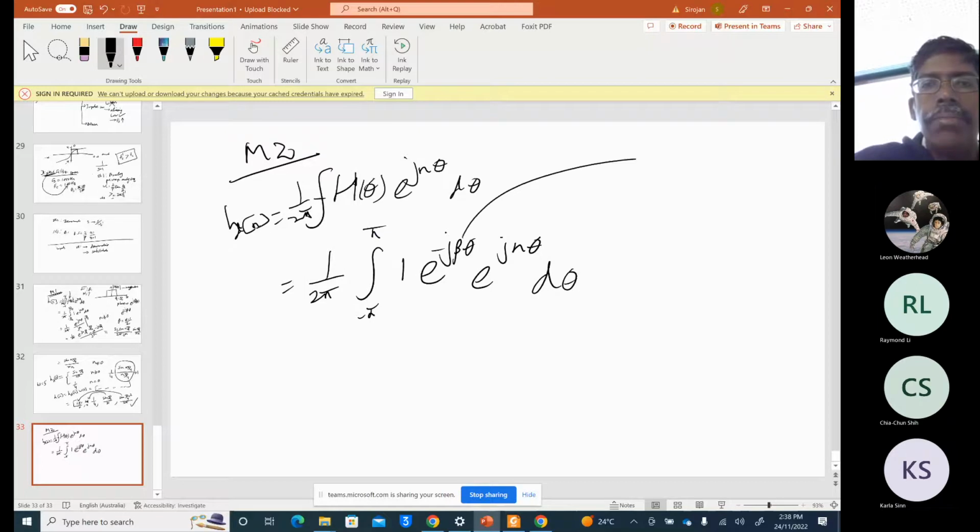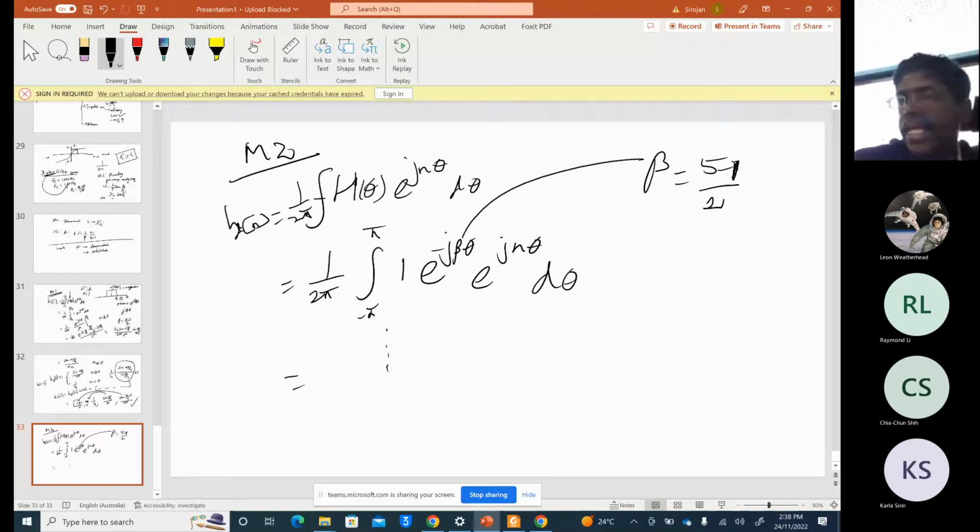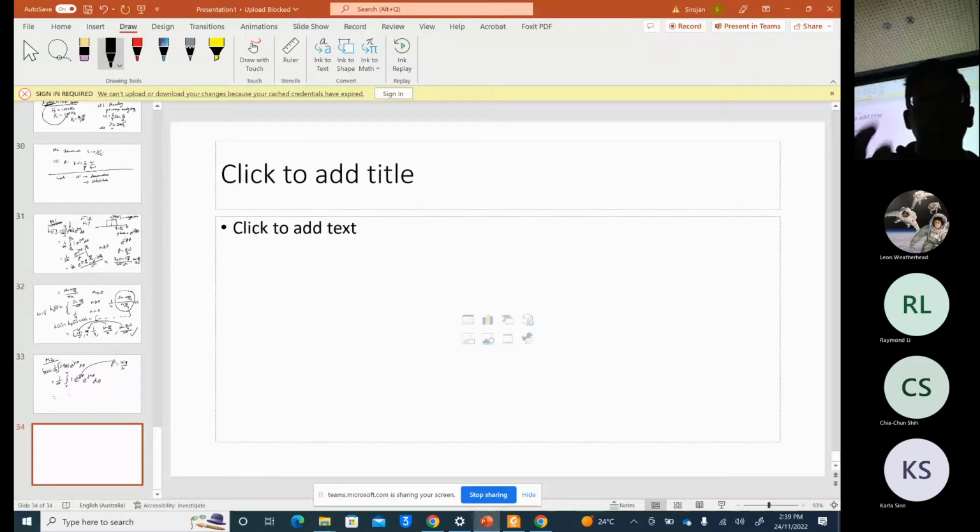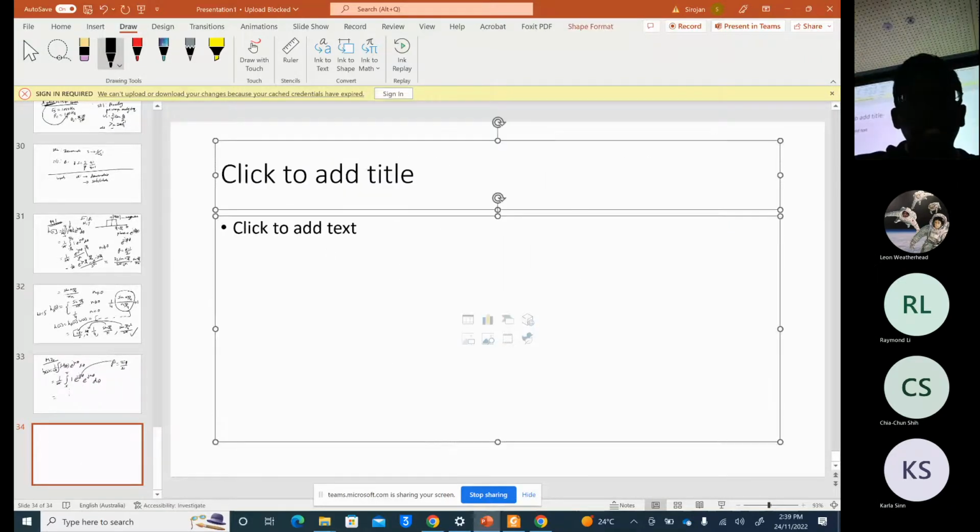Here you impose beta equal to (N minus 1) by 2. If you go this way, then you will directly get that shifted equation. So this is method 2. Here you put the phase response, there you don't put the phase response. Both methods are okay.